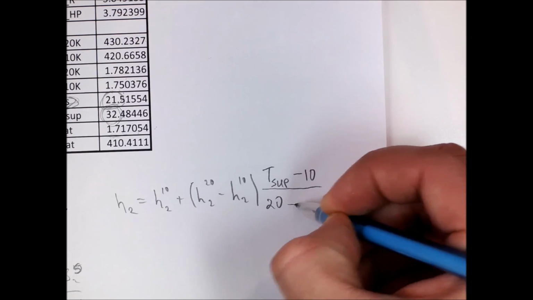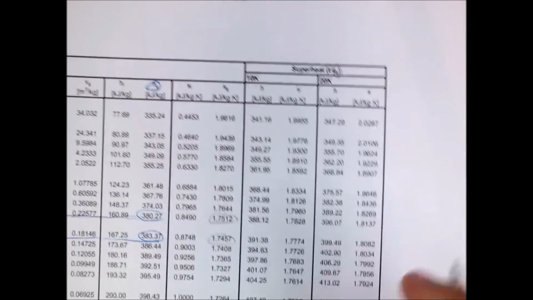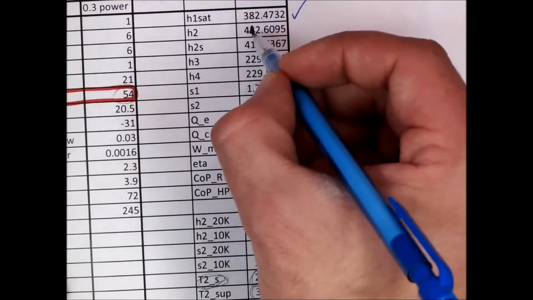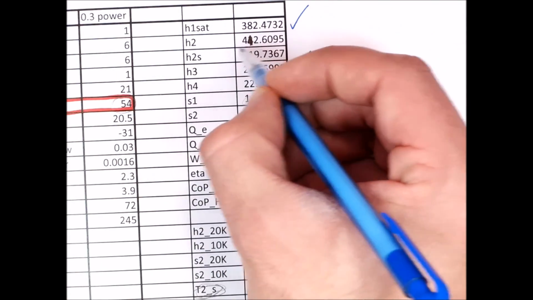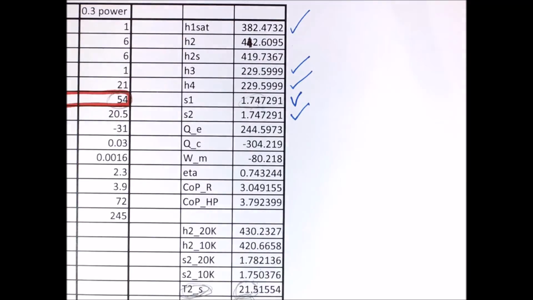This comes out to be 442. I actually made a typo here, so 442 kilojoules per kilogram.